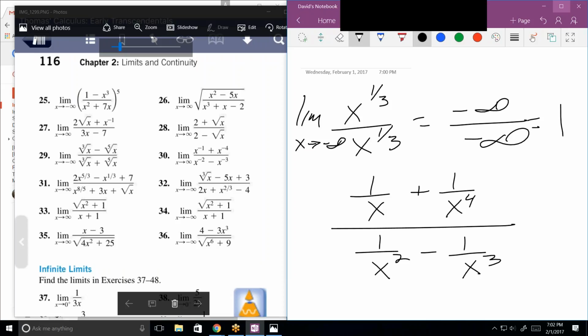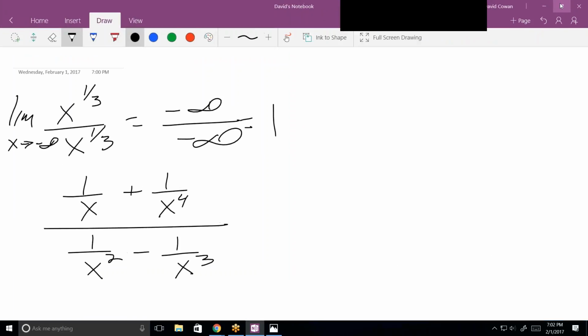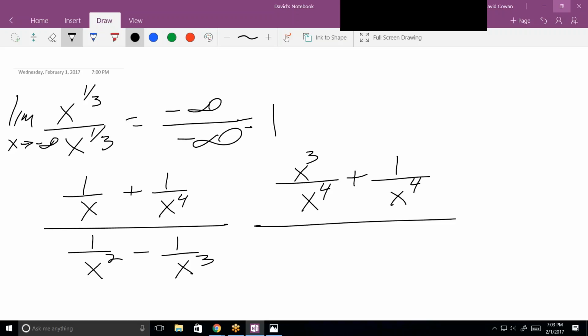Let's see what happens. We'll do this one and I'll let you go. I've never encountered this, but I think I know how to do it. Let's find a common denominator. So the top becomes x to the 3rd over x to the 4th plus 1 over x to the 4th. And the bottom becomes x over x cubed minus 1 over x cubed.